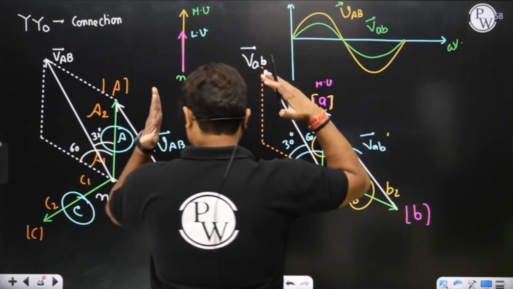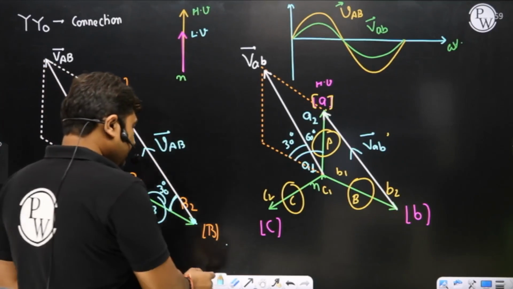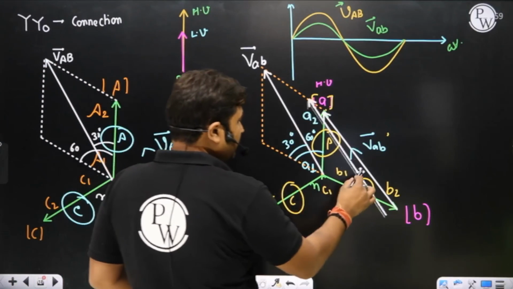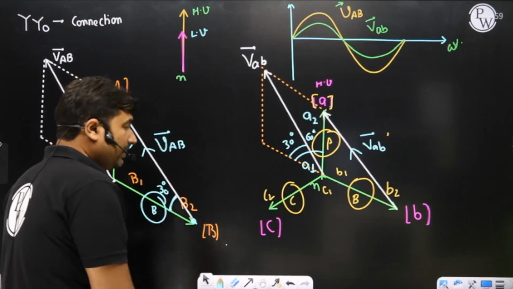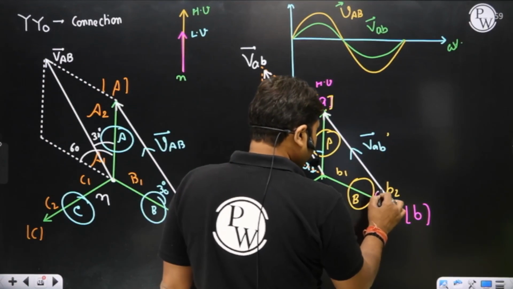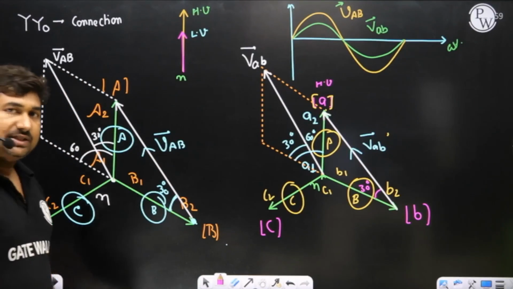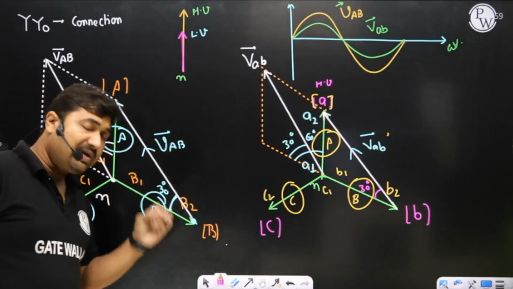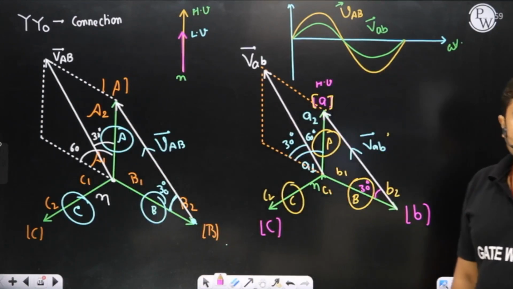Now please observe, we have two phasors, VAB capital and VAB small. If the two phasors are in the same phase, then we can represent them on a common reference point. So if we represent them on a common reference point, what is the time angle difference between capital VAB and small VAB? 0 degree, sir.